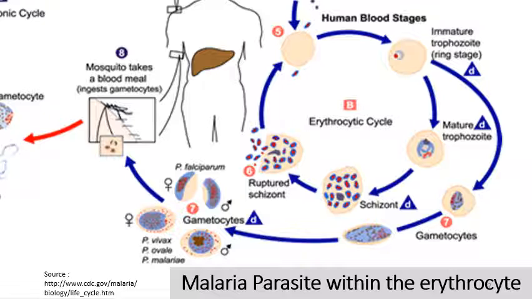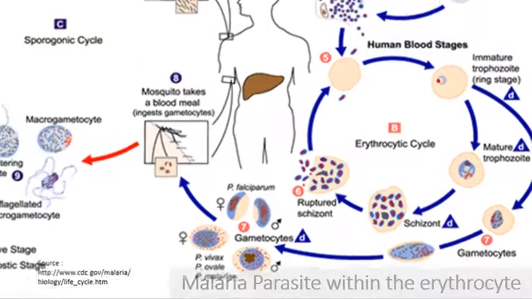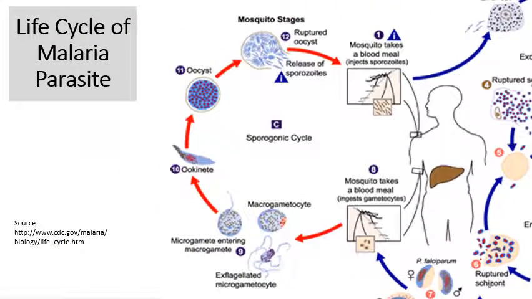The stage of the malaria life cycle in the mosquito begins after the female Anopheles mosquito takes up the gametocyte. Now, looking at this diagram closely, the gametocytes that are taken up by the mosquito are transformed into gametes, and the maturation of the female gametocyte into macrogamete takes place without major morphological changes.